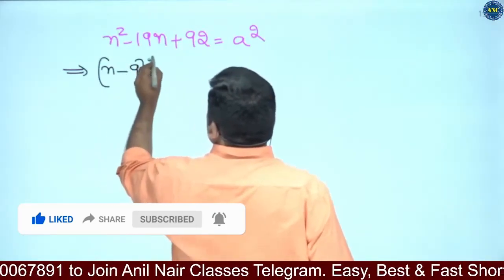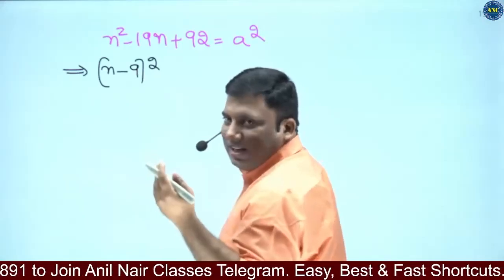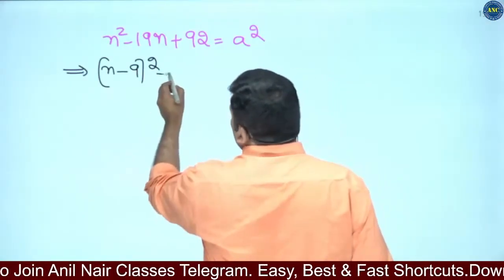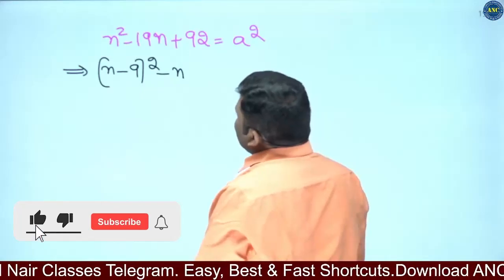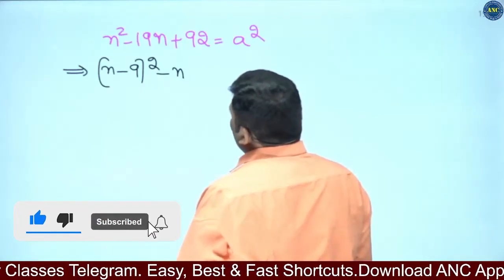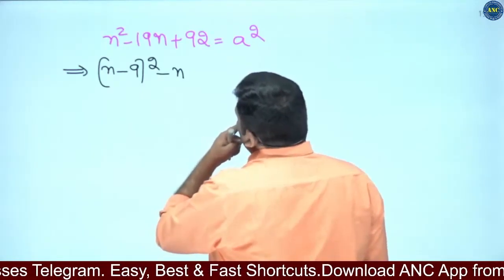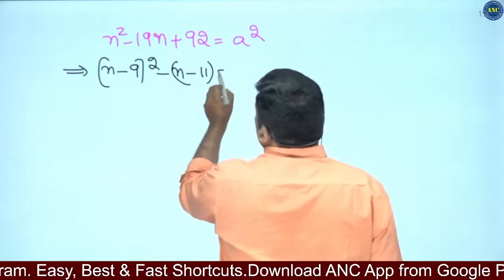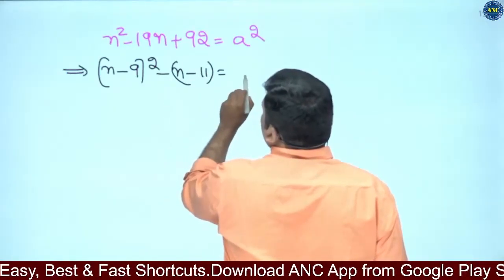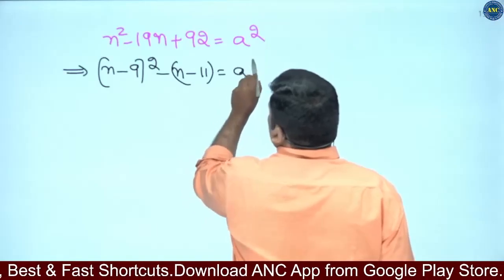Can I write like this? N square minus 18n, minus n, plus 81. How much is remaining? Plus 18. Equivalent to a square. Am I right?